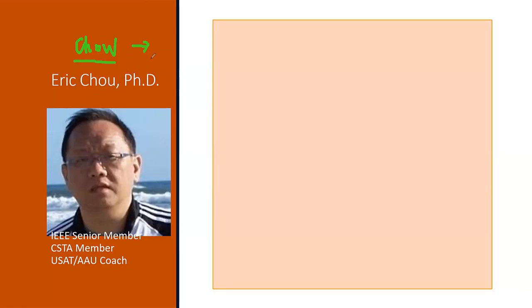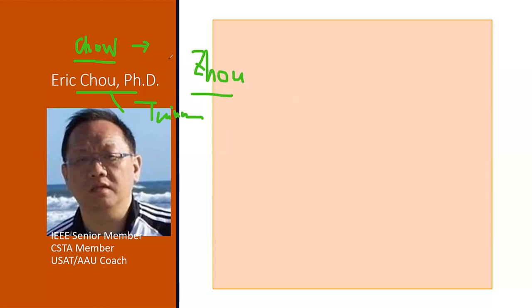CHOW is usually people from Hong Kong, and CHOU is usually from Taiwan. If you see some people whose last name is ZHOU, these people are usually from China.